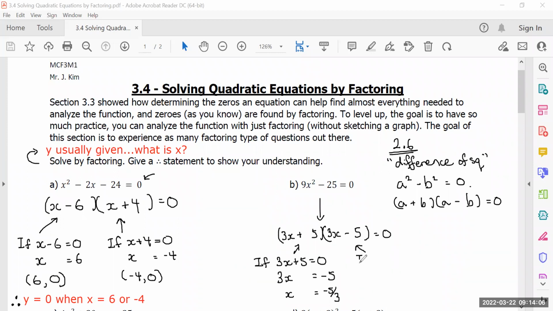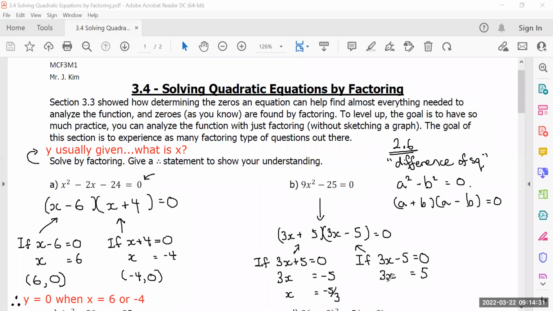Same thing. Let's see if we can reproduce it with this slight change from a positive to a negative. So if the second bracket, 3x minus 5 equals 0, again, the goal is to get x all alone. Find x. So I'm going to add 5 to both sides this time, giving me positive 5.